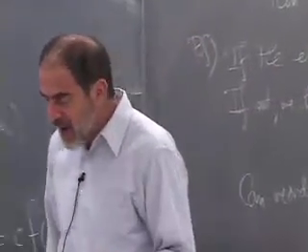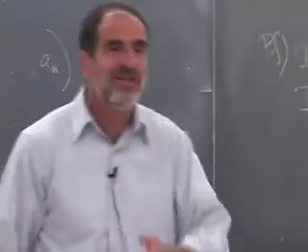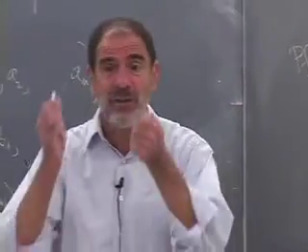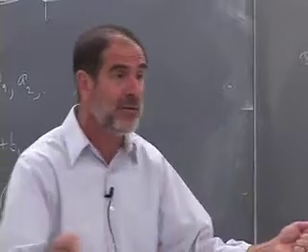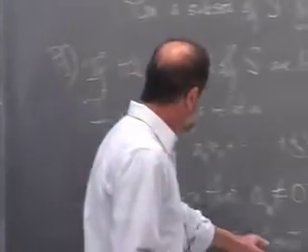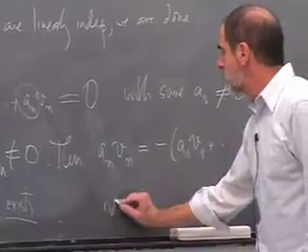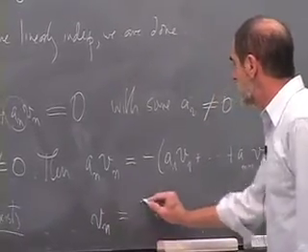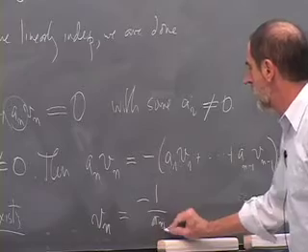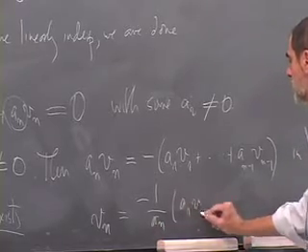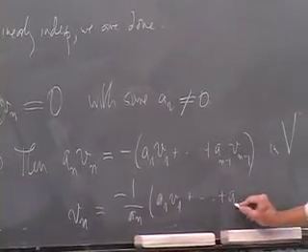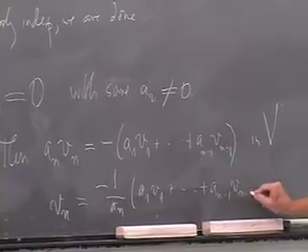You're not using the fact that you have convergent Cauchy sequences in the reals or anything like that. You're just using that a non-zero element has an inverse. So an inverse exists. Multiply by an inverse, you get vn is equal to minus 1 over an times (a1 v1 plus ... plus an-1 vn-1).